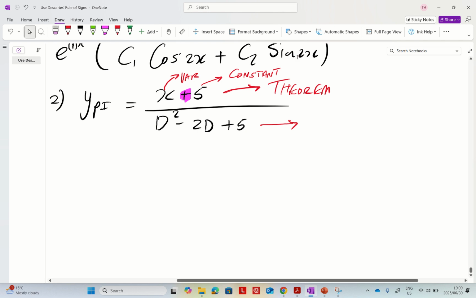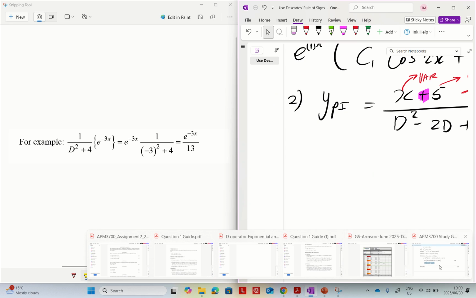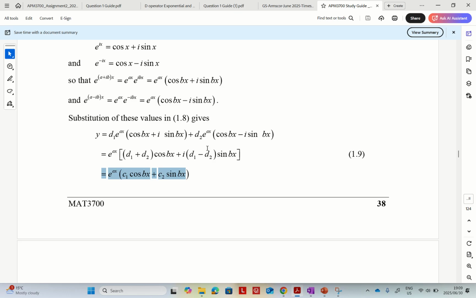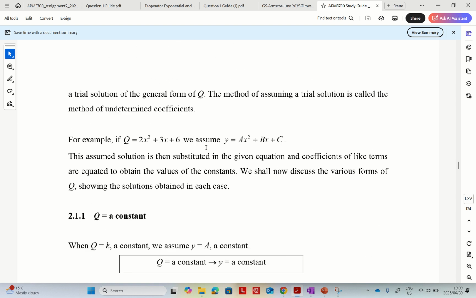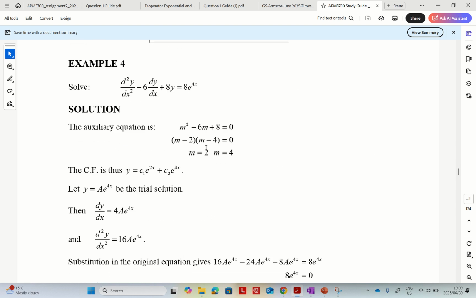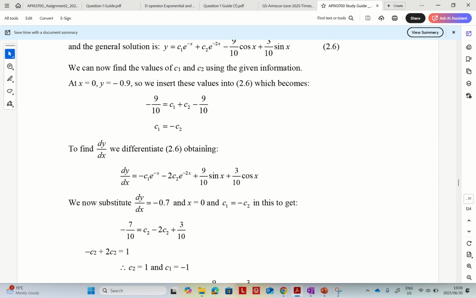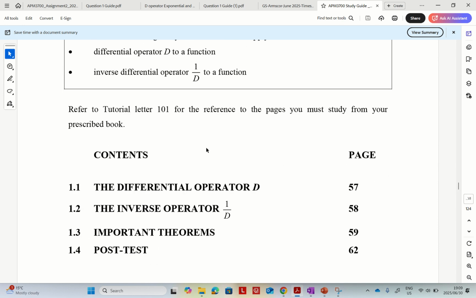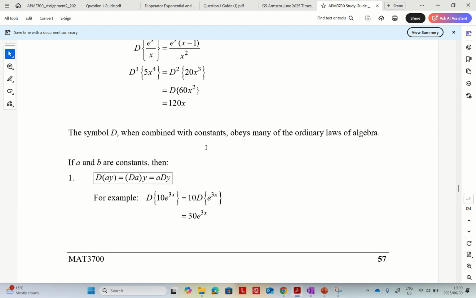Let me show you. We're going to go to your study guide. I'm going to show you they don't use the same theorem. So we go back to our theorem on page 57. We are done with theorem. I showed you how to do the theorem for a constant, which is theorem 1.1.